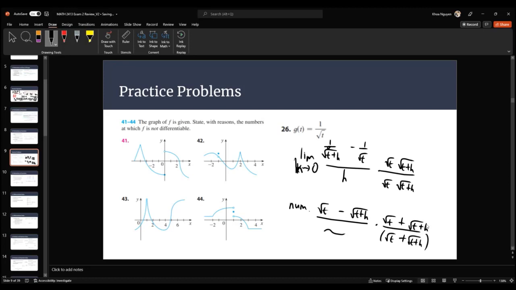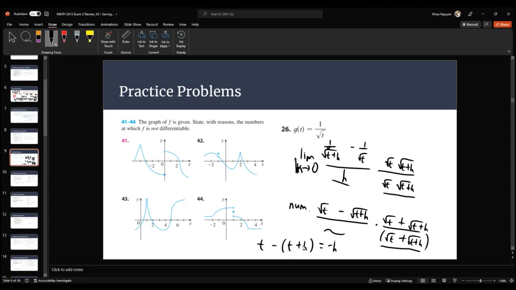So now the denominator encompasses this guy, and this guy. And the numerator will look like t minus the quantity t plus h. And so that ends up as negative h.